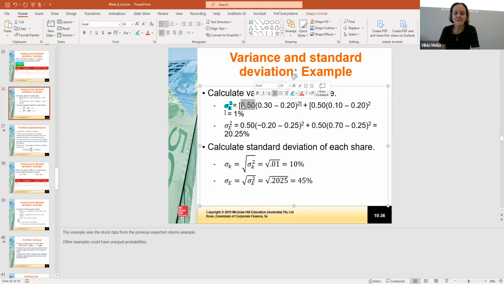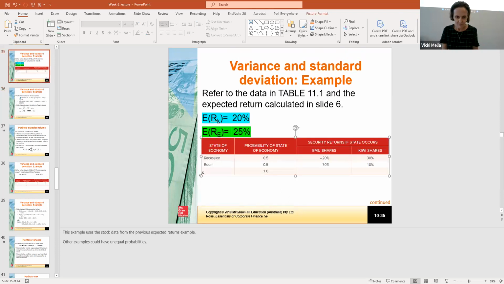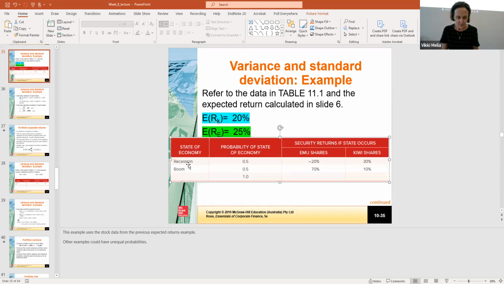So there's a 50% probability that the economy will be in recession. And in recession, the expected return from Kiwi is 30%. Let's go back and confirm. In recession, the expected return from Kiwi is 30%.